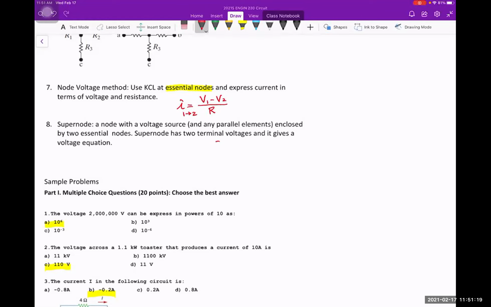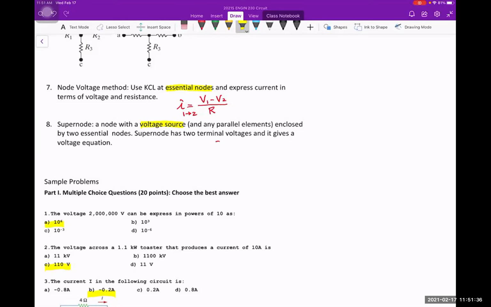The supernode is a special case, and you're looking at a voltage source. If you have a voltage source between two essential nodes, that is going to be a supernode.